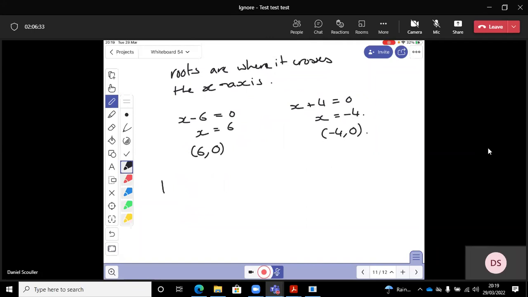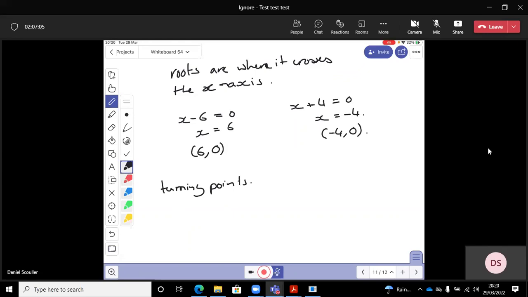The turning point happens in between your 2 roots, in the middle of your 2 roots. The shape of this parabola, the shape of the graph, is symmetrical. So on the right-hand side it crosses the x-axis the same distance away from the turning point as the left-hand side of the parabola.